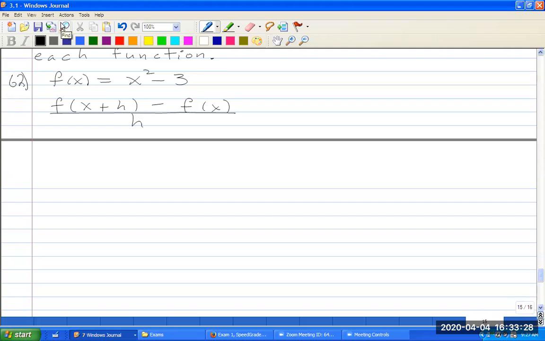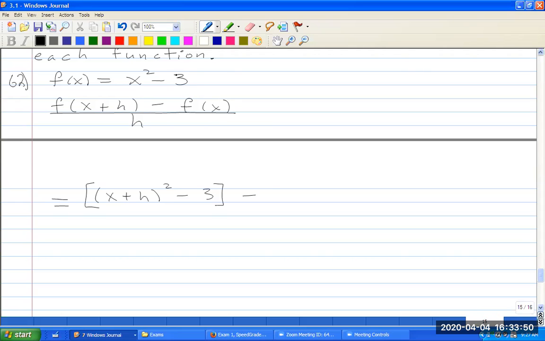Wherever I see an x in this function, I'm going to replace x by x plus h.